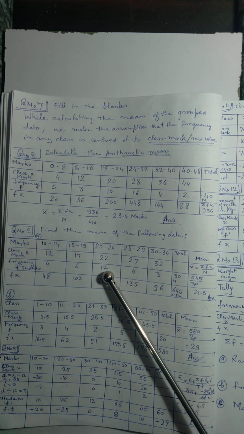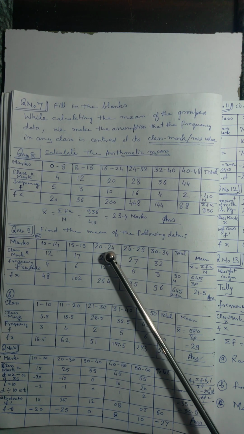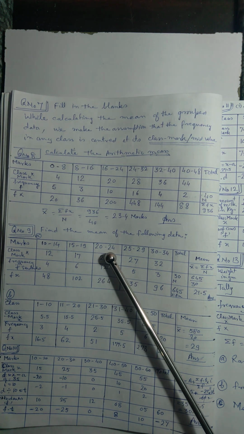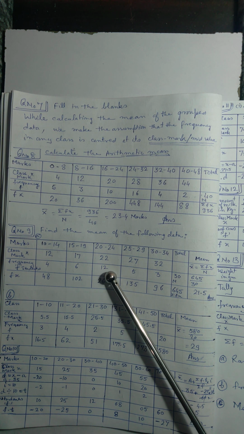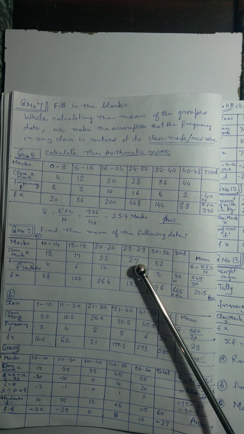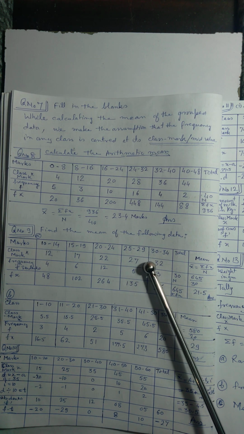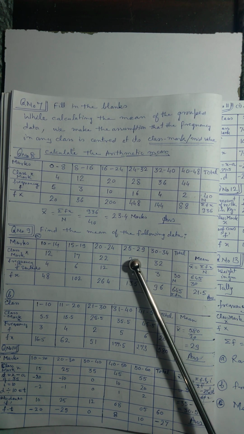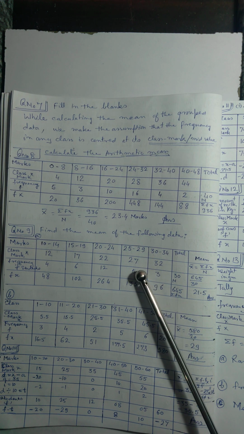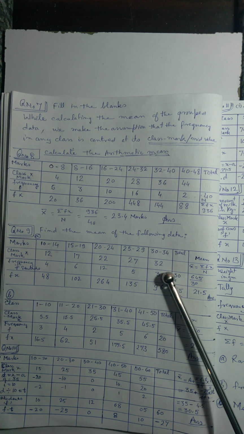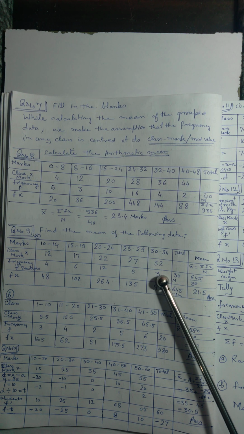20 to 24, the class mark will be 22. First of all, you just add 20 and 24 divided by 2, that will get 22 in order to find the class mark. 25 to 29, just add it, 25 plus 29 divided by 2, that is 27. 30 plus 34 divided by 2, that is 32.